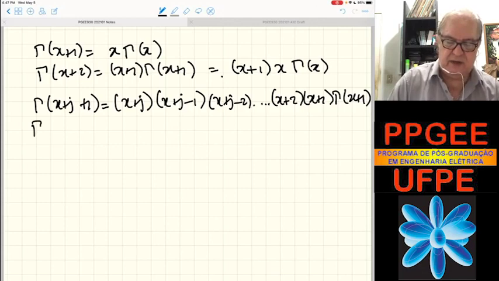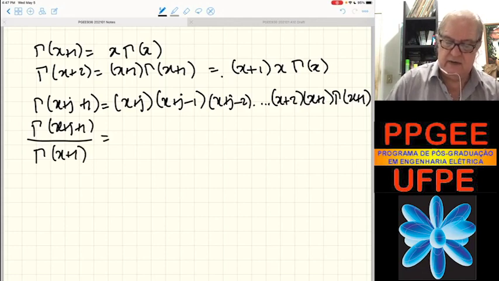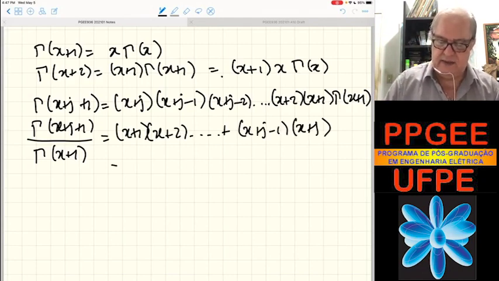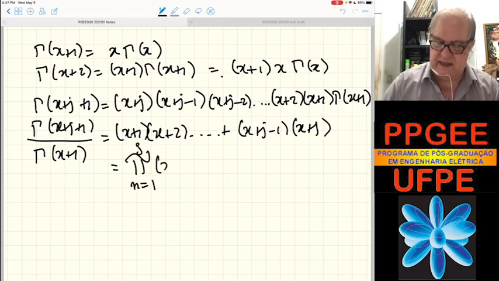So if I make the ratio gamma of x plus j plus 1 divided by gamma of x plus 1, it's going to give me what I want. X plus 1, I'm going to invert x plus 1, x plus 2, etc., x plus j minus 1, x plus j, which is the productory from n equals 1 until j of x plus n.